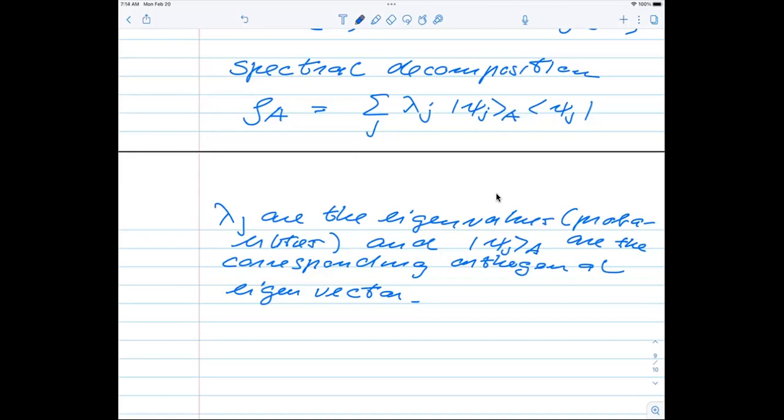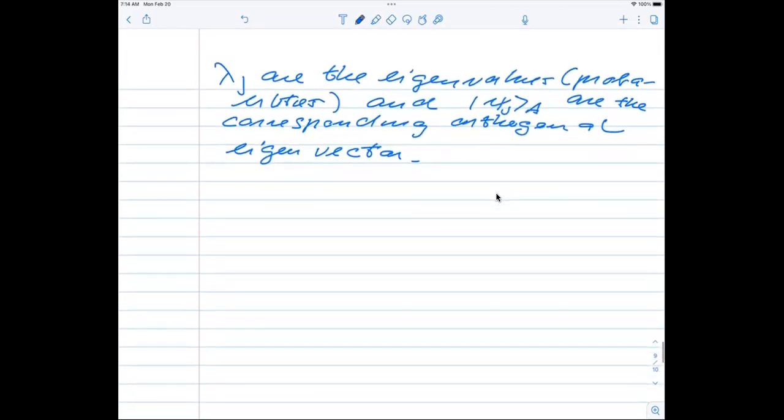So if you now think of the density matrix, this quantity rho of alpha, one of the things which we have said is that this is a semi-positive definite matrix, which means that it has eigenvalues larger or equal than 0.